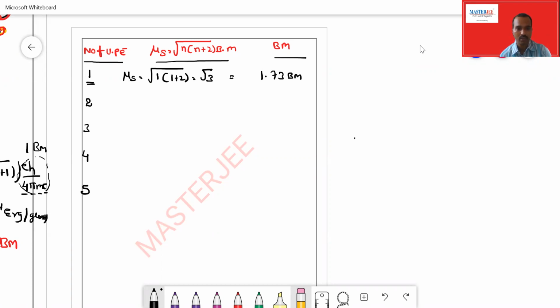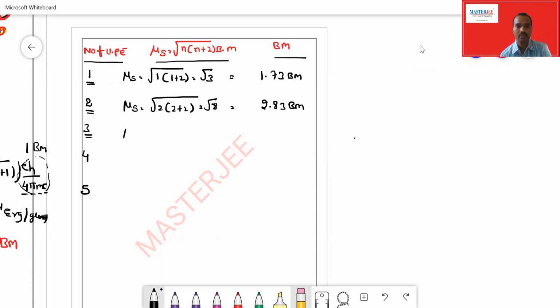If two unpaired electrons are present in the central metal atom of the complex, then mu s is equal to root over 2 into 2 plus 2, that is root 8, which is 2.83 Bohr magnetons.